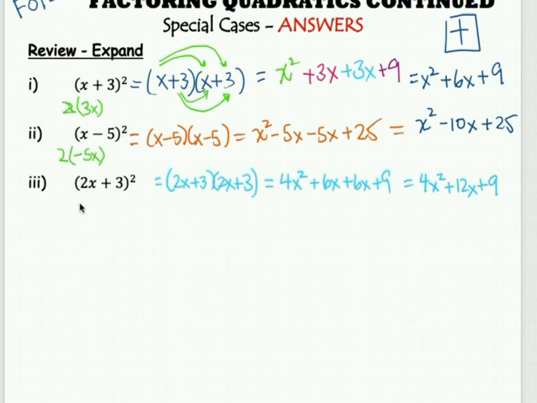To find the middle one, you times 2x by 3, which is 6x, but then you multiply by 2, and you get the 12x in the middle. That's something we did in our previous cycle. Whenever we saw binomials all squared like this, we can jump right to the product. I saw some of you actually using this, though I know most of you just prefer to FOIL out stuff.